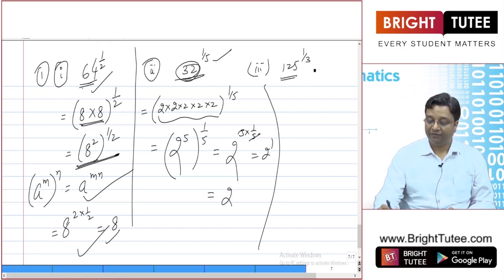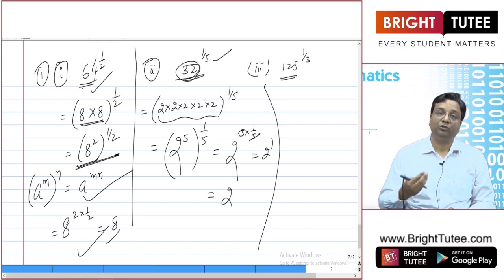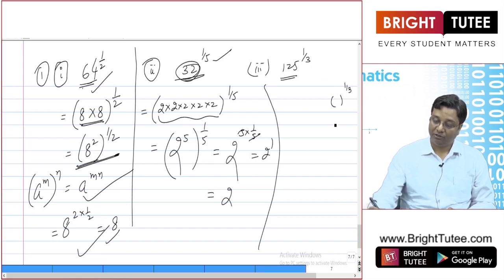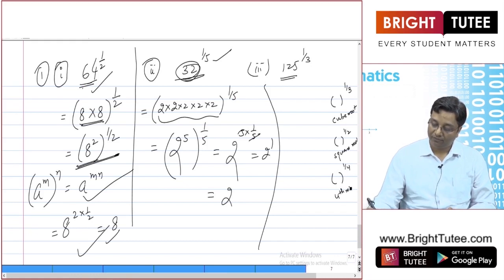Similarly, 125 is raised to 1 by 3, or you want the cube root of 125, right? When something is raised to 1 by 3, you mean you want cube root. When something is raised to 1 by 2, you mean square root. When something is raised to 1 by 4, you mean fourth root, right? And so on.